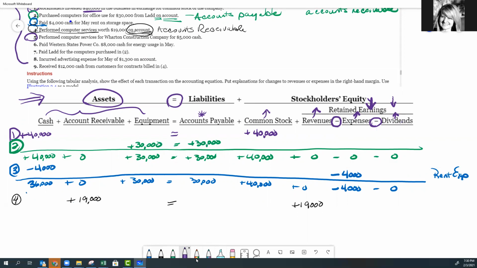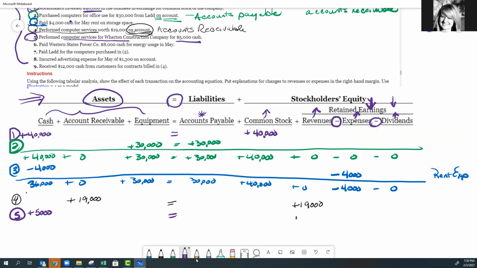So we performed services, so we have revenue again. So we're going to have $5,000 worth of revenue, and they paid us $5,000 in cash. So we don't have accounts receivable. We actually got paid at the time that we provided the service. So for number 5, we have $5,000 in cash that we did not have before we provided those services.